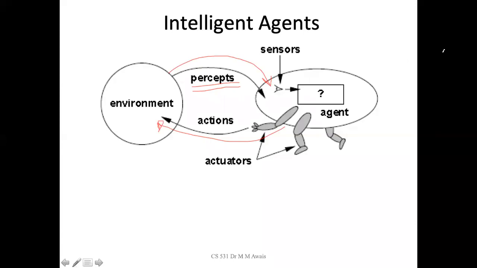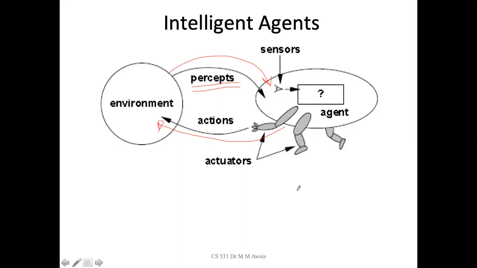So that perception is continuously carried out, and this cycle of reasoning continues until there is no change in the environment. So the environment becomes, in a way, static. The perception still continues, and the perceived thing is that there isn't any change in the environment. Therefore, as a result, no actions are predicted.